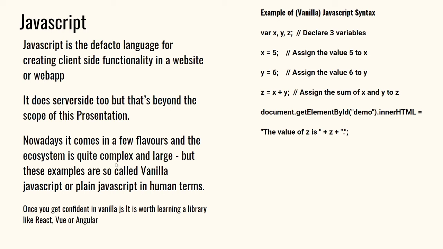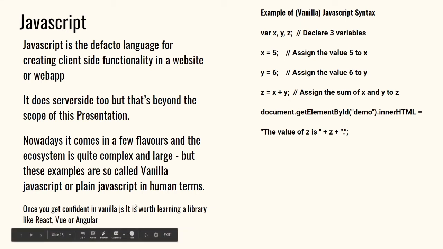So it comes in quite a few flavors, and the ecosystem is quite complex and large. But basically, JavaScript as a language, plain JavaScript, is sometimes called vanilla JavaScript. So there's the language itself, which is just vanilla JavaScript. And then there's lots of frameworks and libraries, like React, Vue, or Angular. React's a library.